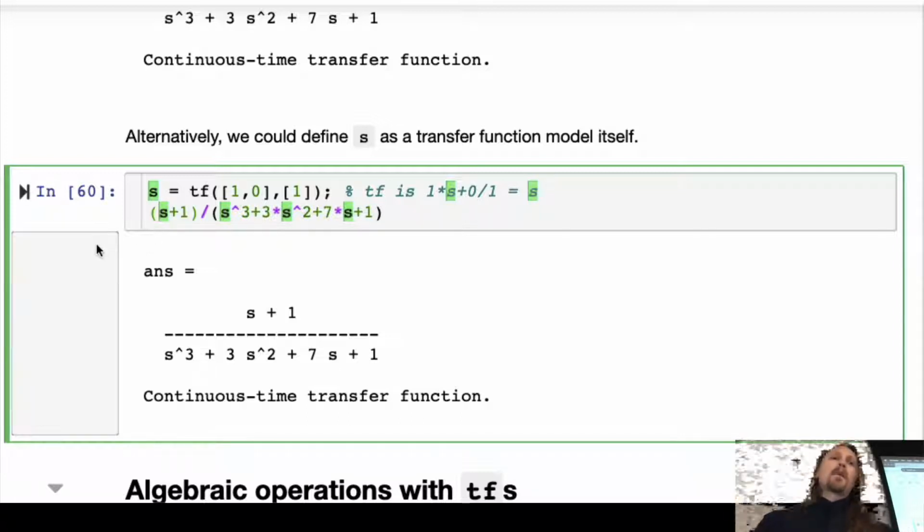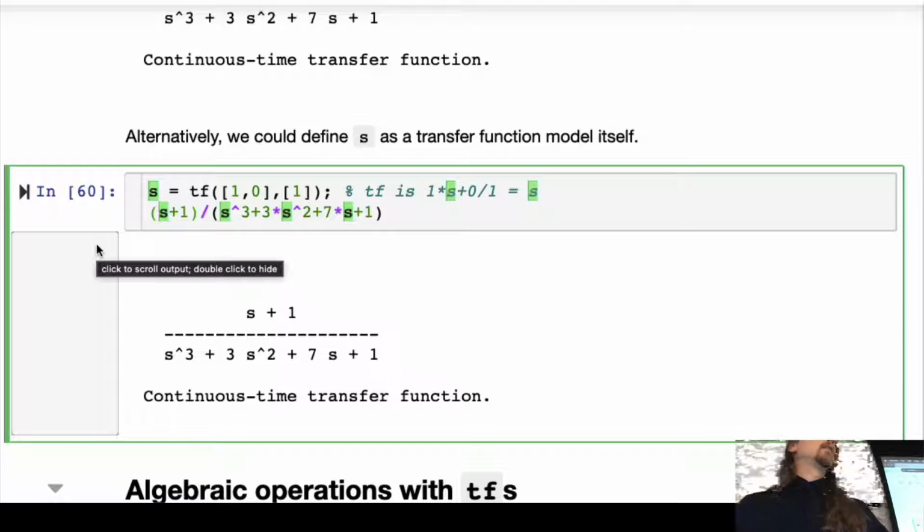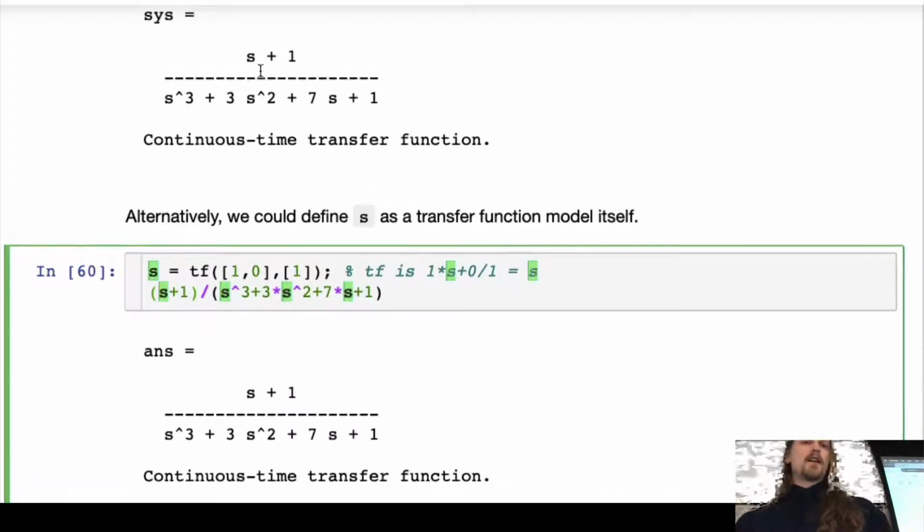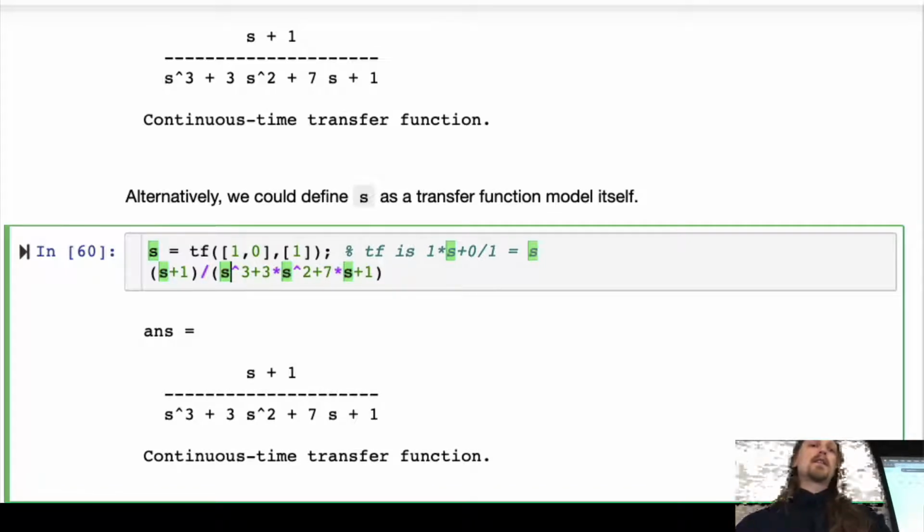And then what's cool is that if you then take that s object and you just build this transfer function ratio, so s plus 1 divided by s cubed plus 3s squared plus 7s plus 1, MATLAB will say, oh, okay, since they put all this transfer function stuff in there, they want it to be a transfer function object, and it will happily create that for you and say, each s here is just a transfer function Laplace domain s.